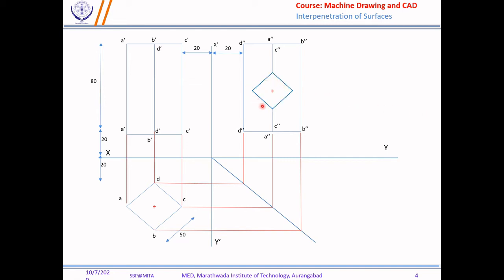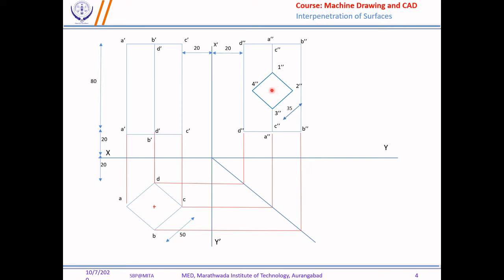First we need to draw the position of the horizontal prism in the left hand side view, where we get its correct size as 35 mm side. We name each vertex of that prism 1 double dash, 2 double dash, 3 double dash and 4 double dash, because this is the left hand side view of the horizontal prism.